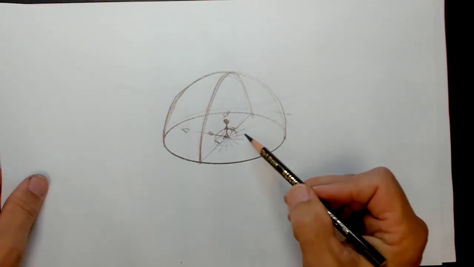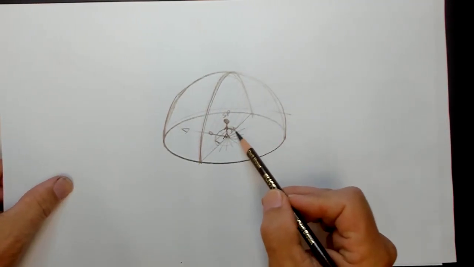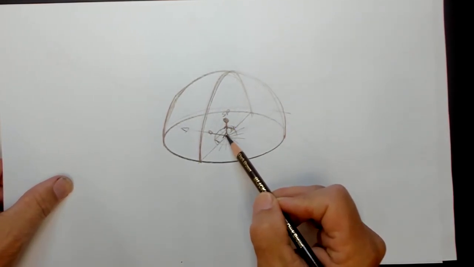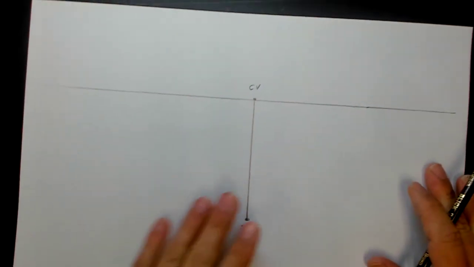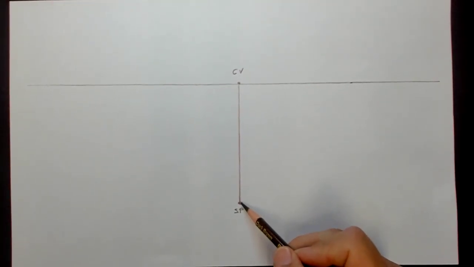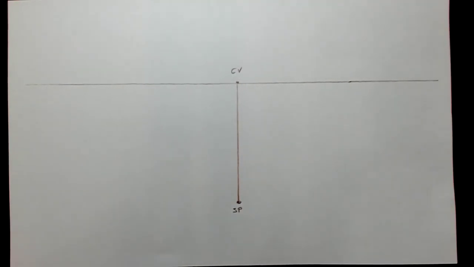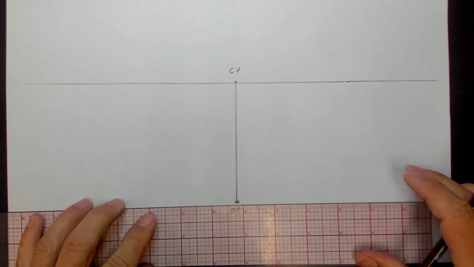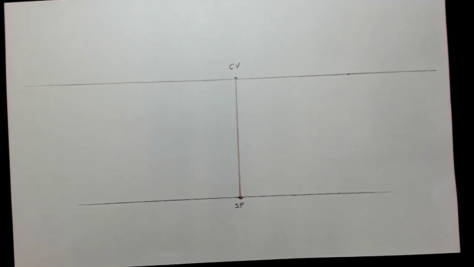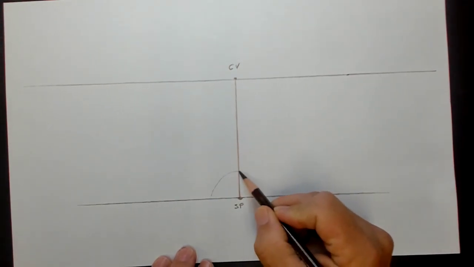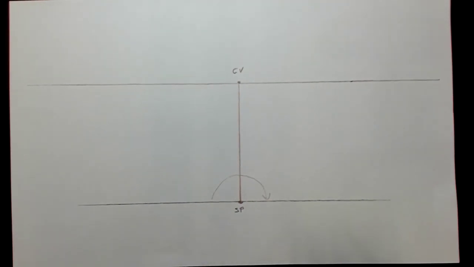So if we wanted to put the sun at a particular degree from where the viewer is located, we are looking at something like this. Here's our viewer, here's the station point. If I drew a line straight across here, parallel with the horizon line, here's 90 degrees to the left, here's 90 degrees to the right.